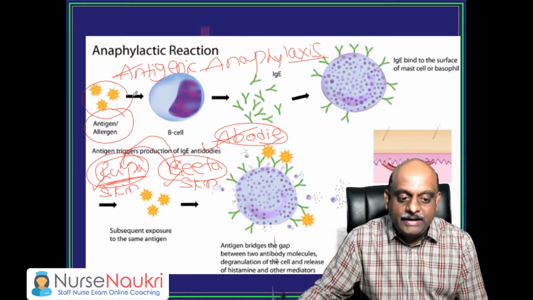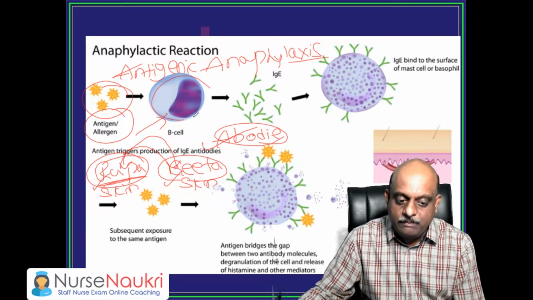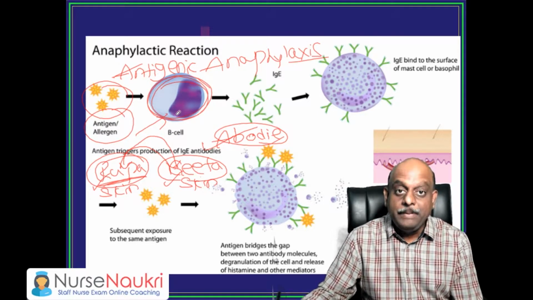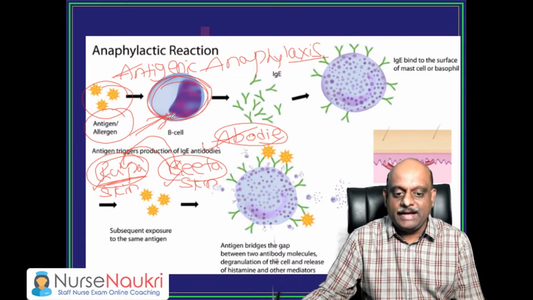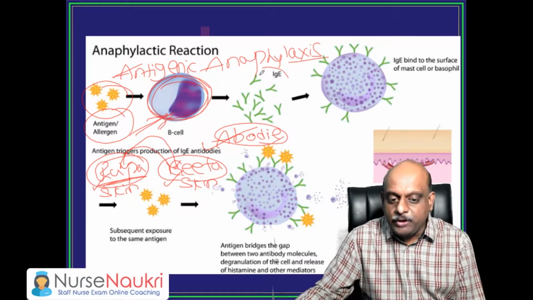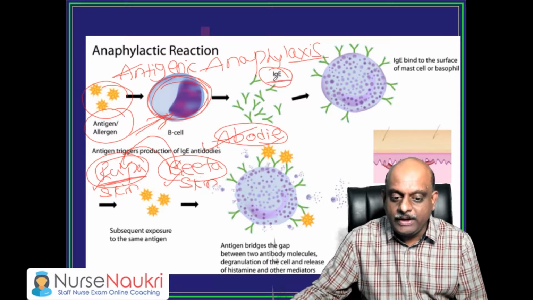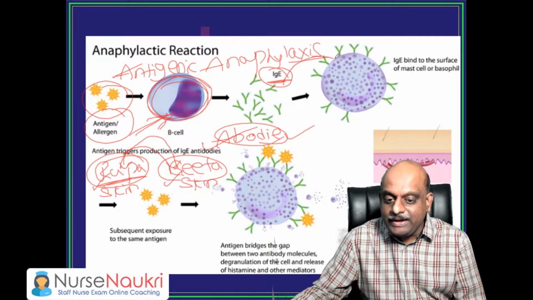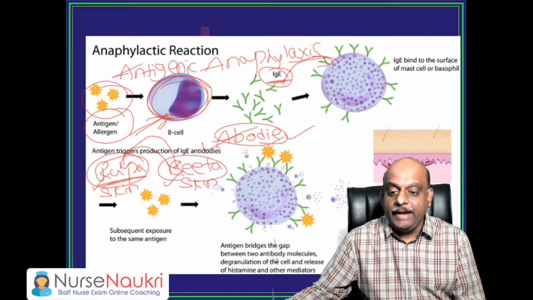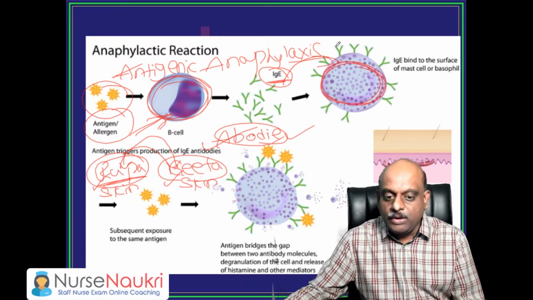So a antigen जो होता है, ये जाके one of the white blood cell called B lymphocyte, उसको sensitize करेगा. And that will produce something called immunoglobulin E. Immunoglobulins को कहते हैं antibodies. ये immunoglobulin E जाके a basophil बोल के another white blood cell है, उसके ऊपर जाके बैठेगा.